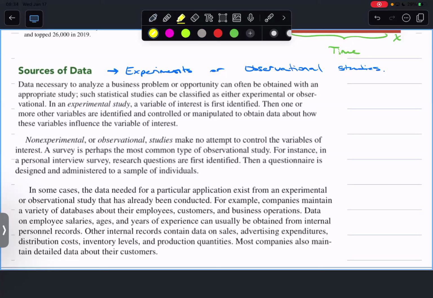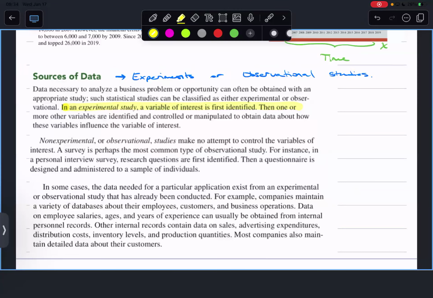So here, we first have to talk about what the variable of interest is. That's going to be your number one thing that you have to do. The variable of interest is called the response variable, and it's going to go on your y-axis. I'll put that here now, because that's the thing that you're interested in.